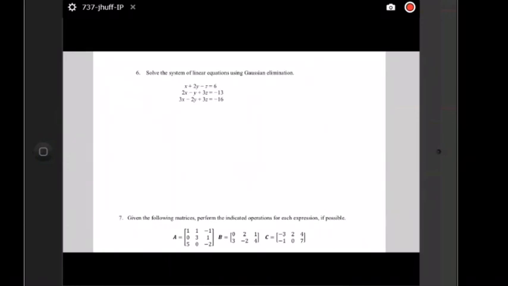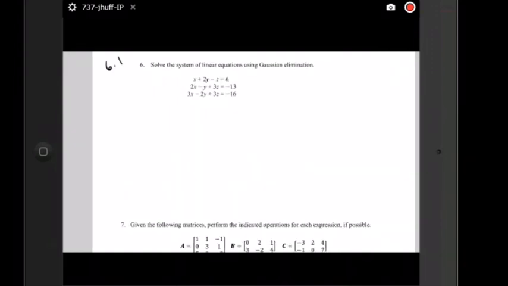Oh boy, we're getting into the fun stuff here. Section 6.1, solving a system of linear equations using Gaussian elimination. Now I need to make sure, and hopefully you're listening very carefully, if it says solve the system of linear equations using Gaussian elimination, you must show that you have solved it using Gaussian elimination.